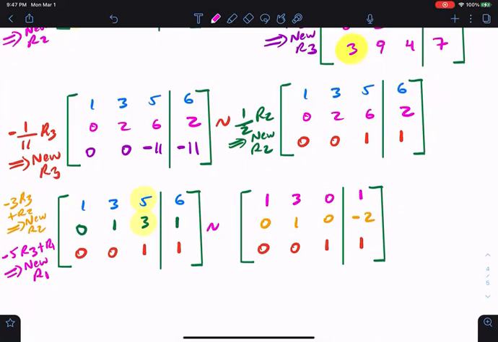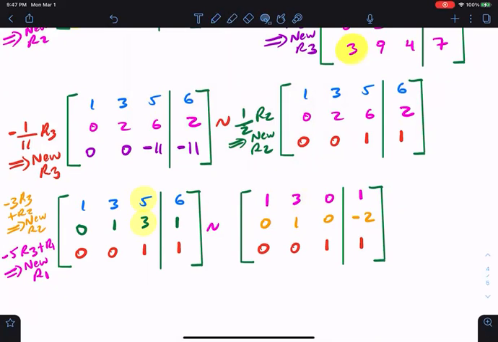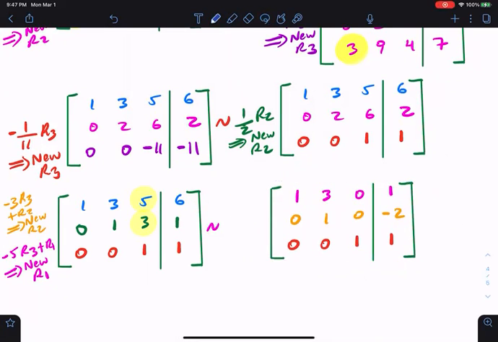So I'm almost done. The only thing I need to do is get rid of the last entry that is not a 1 and not a 0, which is this 3 right here. If I can do that, then I achieve Gauss-Jordan elimination, right? So let me multiply row 2 by negative 3. Negative 3, row 2 plus row 1 will give me new row 1.